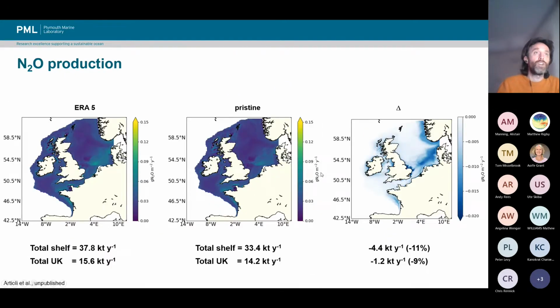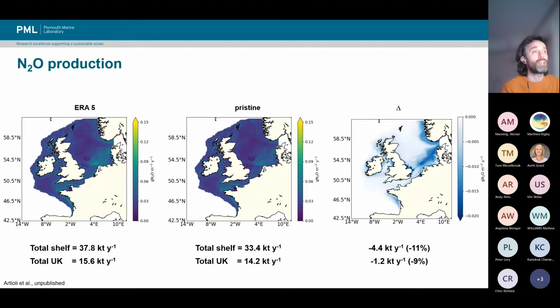So this suggests that the reduced air-sea fluxes are basically due to a reduced production of N2O, and this is what this picture shows: in the ERA5 simulation, the total production in the shelf was around 38 kilotons per year. If we remove the anthropogenic signal, it is about 33, a reduction of about 4 kilotons per year produced in the marine environment.